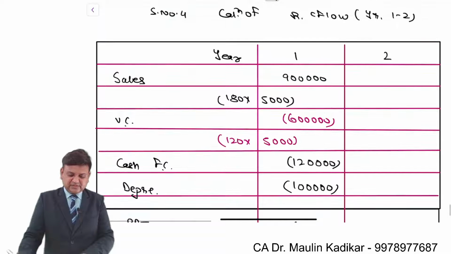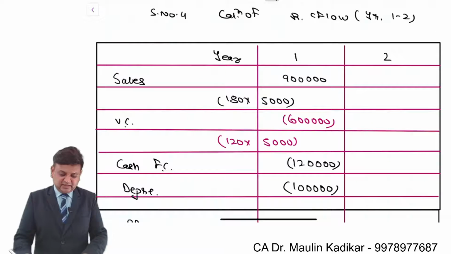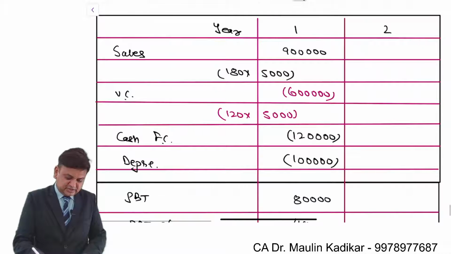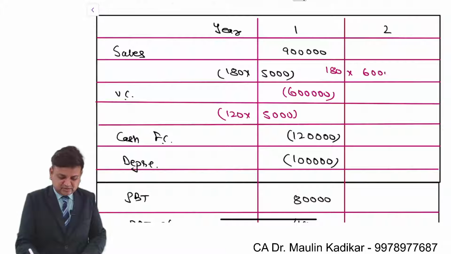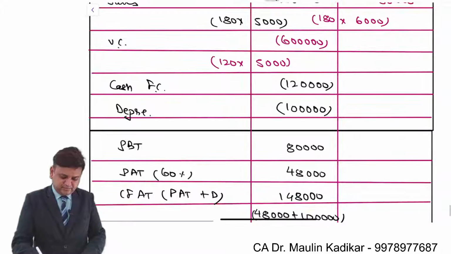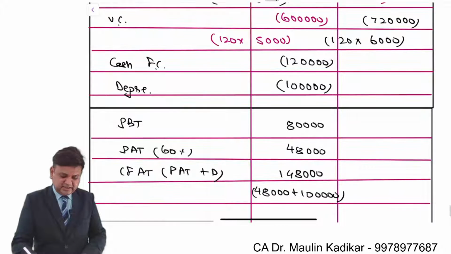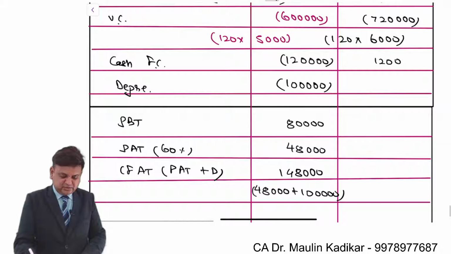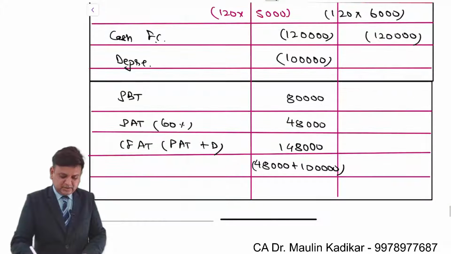Whatever we have done for the first year, similarly we have to do it for the second year. Only the number of units are changing. So 180 into 6,000, that comes to 10,80,000. 120 into 6,000, that comes to 7,20,000. Cash fixed cost is 1,20,000. Depreciation is again 1 lakh.